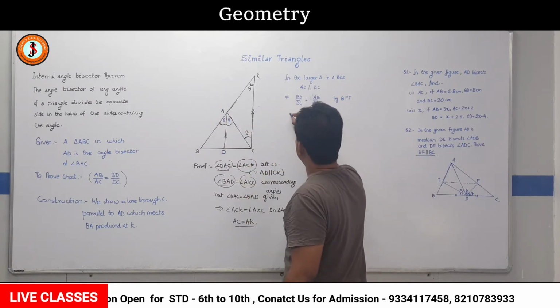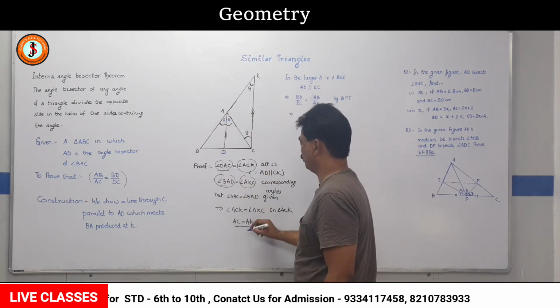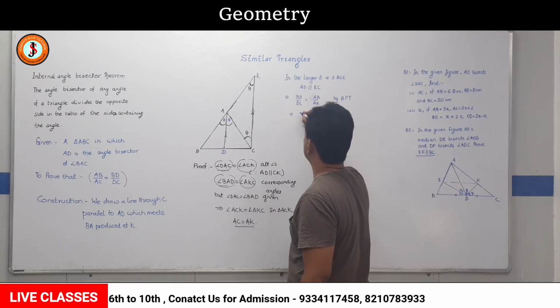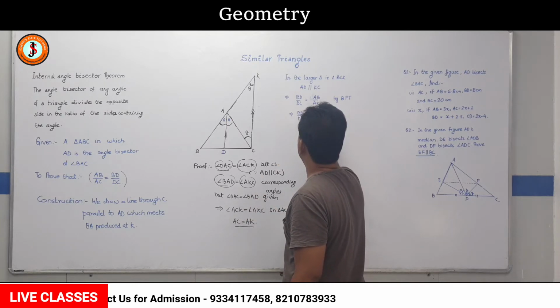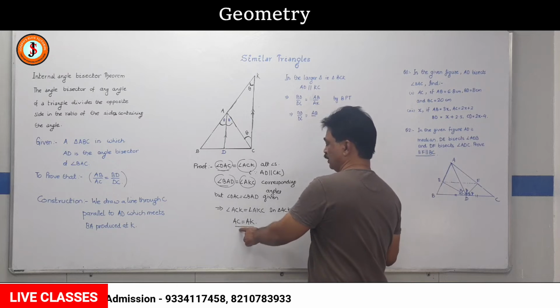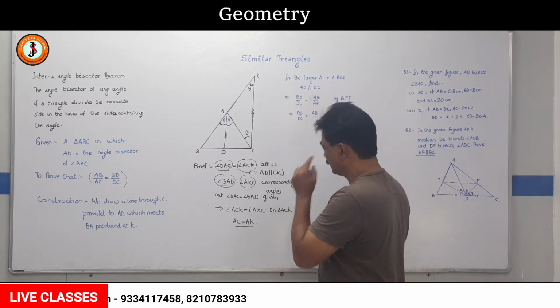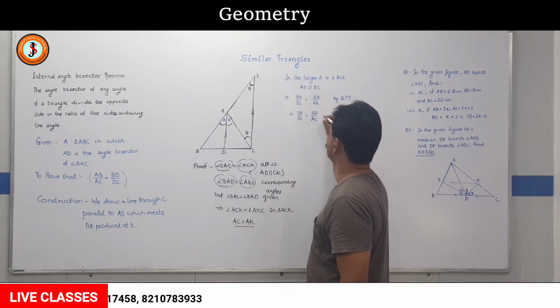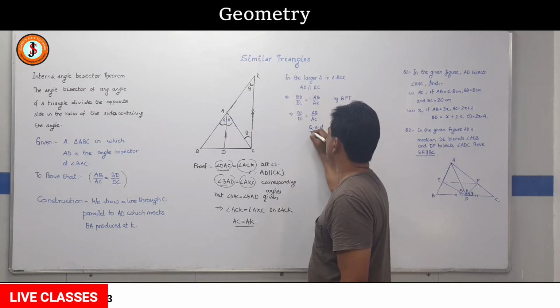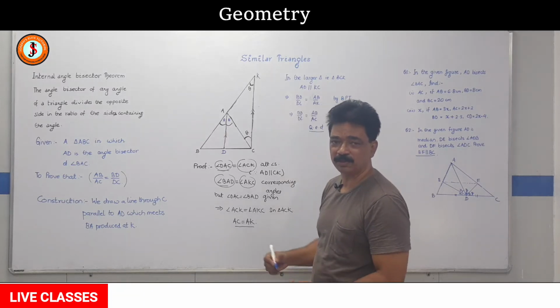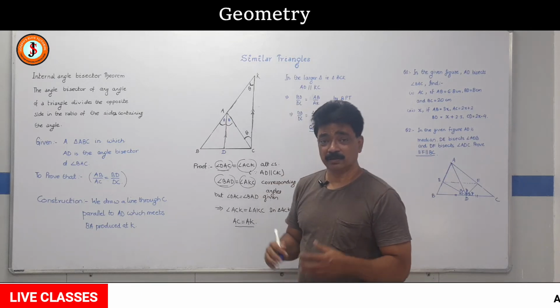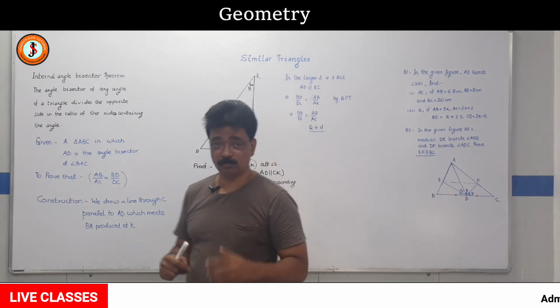Now we will replace AK by AC. So BD by DC is equal to AB by AC, since we have proved already that AK is equal to AC. So it has been proved, QED. BD by DC is equal to AB by AC, or AB by AC is equal to BD by DC. This is how the angle bisector theorem operates.